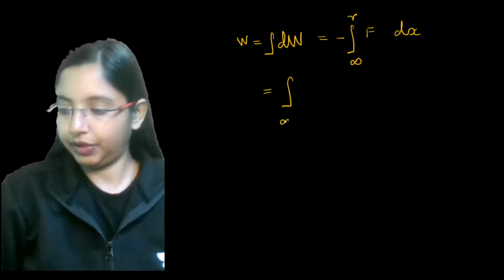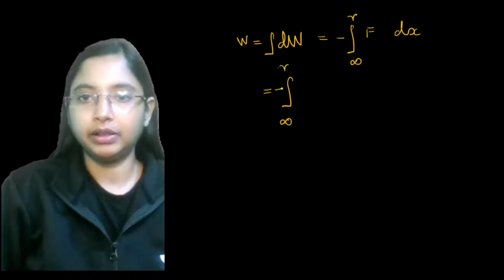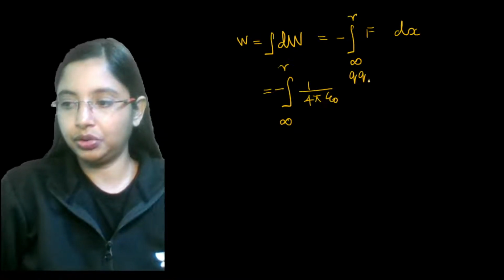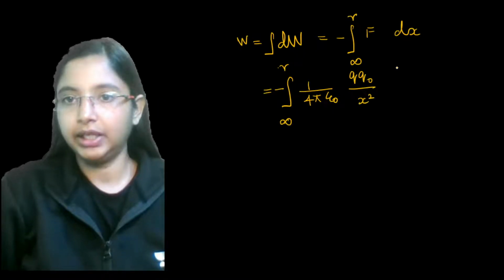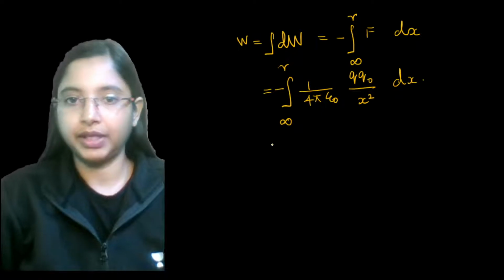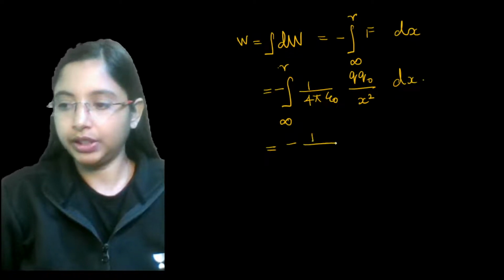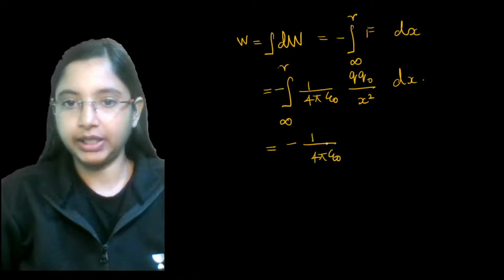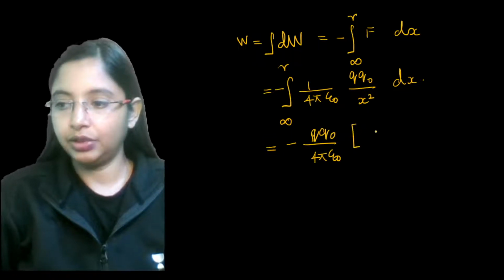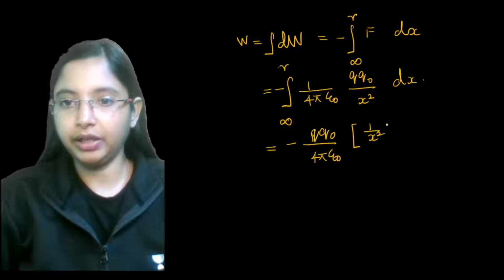What is the value of force over here? It will be 1 by 4 pi epsilon naught, q naught divided by x square, into dx. You can take all the constant quantities outside: 1 by 4 pi epsilon naught and q naught. All you will have is 1 by x square into dx.